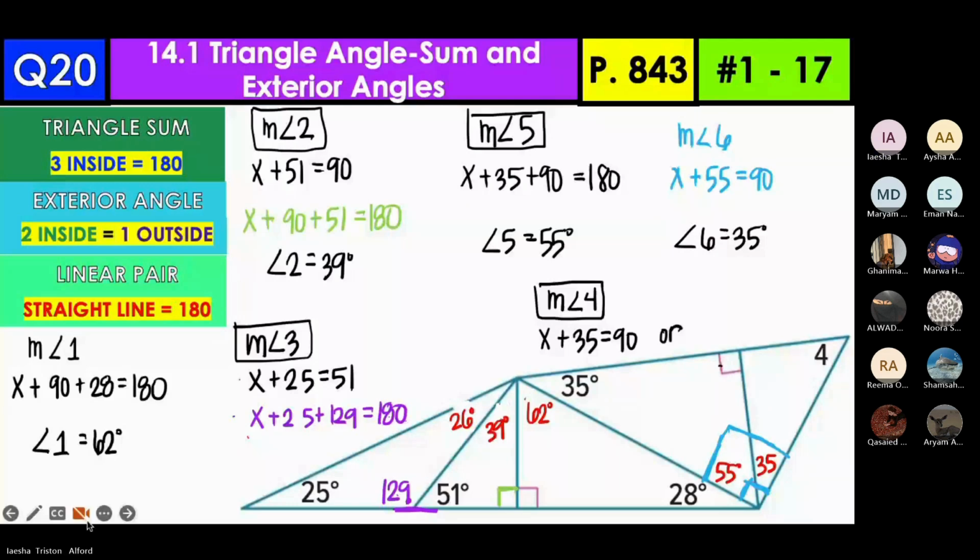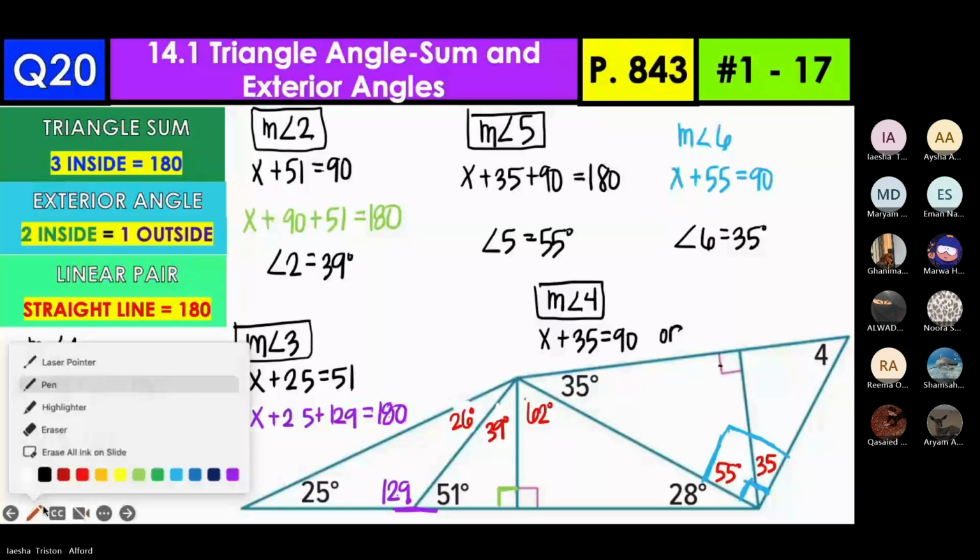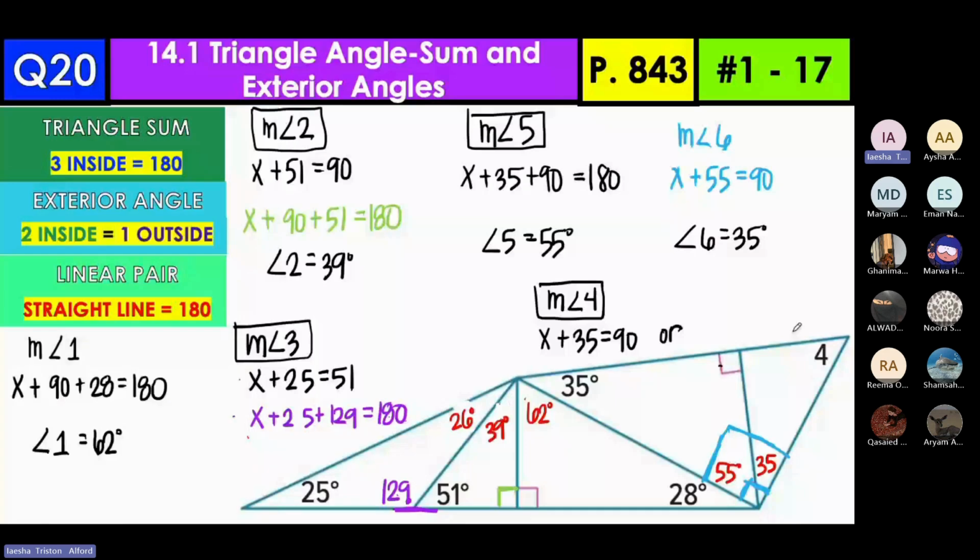Or if you want another one, what do you have to do? You have to know this one. Well, if this one is 90, so you could do x plus 90 plus 35 equal 180.